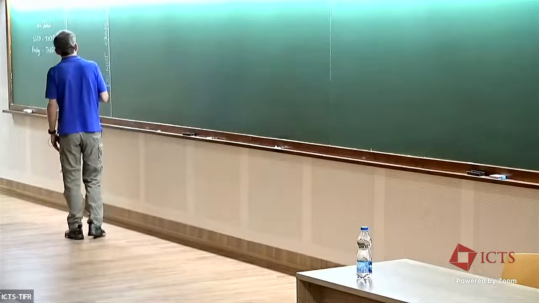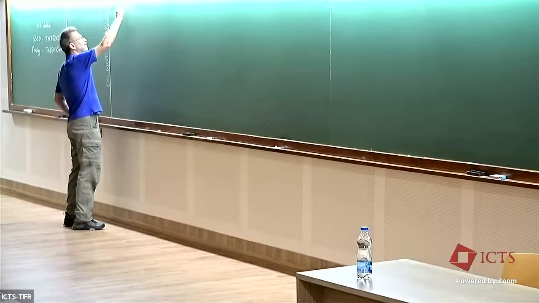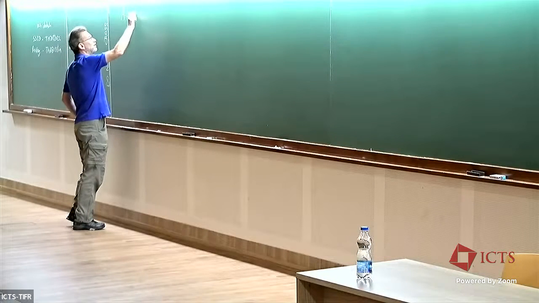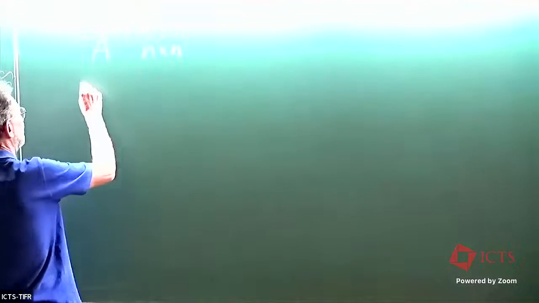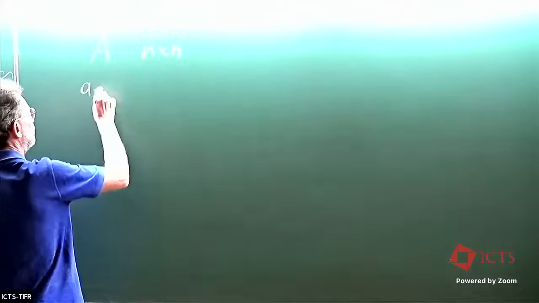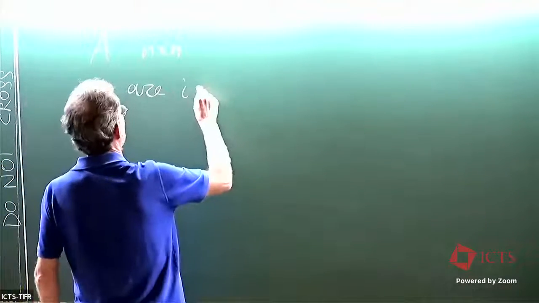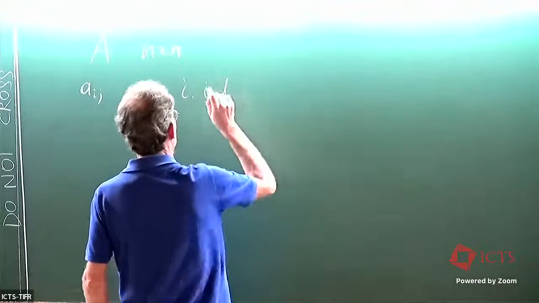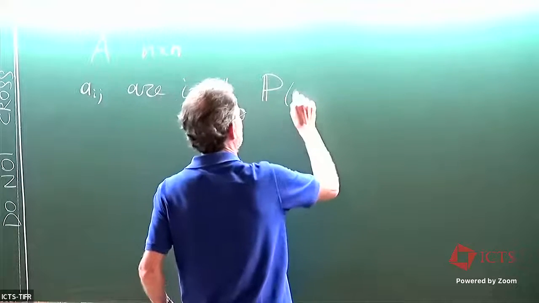Let's start with a simple problem. Assume that we have a matrix A, n by n, and the entries A_ij are all independent, identically distributed, and symmetric plus minus ones.